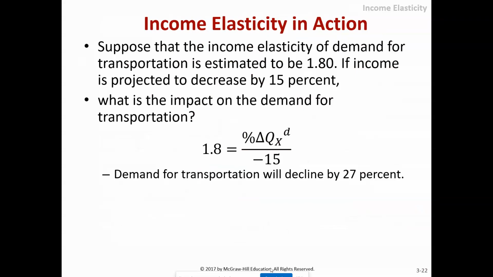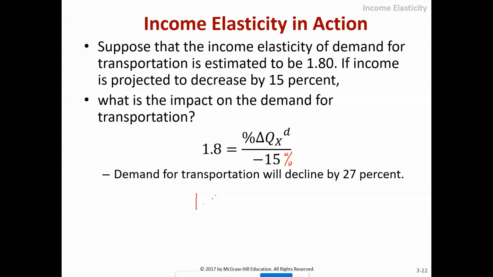So here we use a formula, right? We know the income elasticity is 1.8, and the numerator is the variable of interest, which is the percentage change in quantity demanded for transportation. The denominator is the percentage change in income. Here I like to put the percentage sign again.